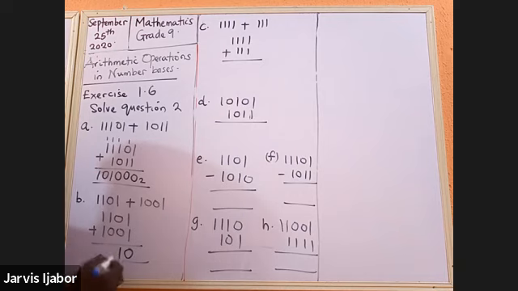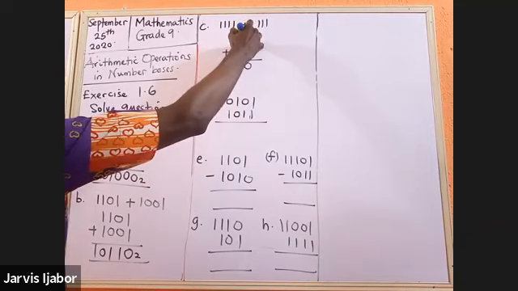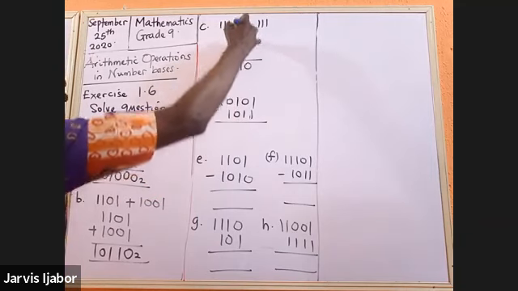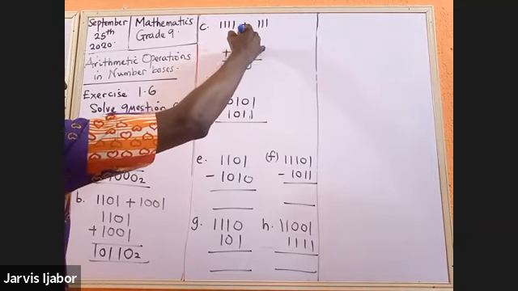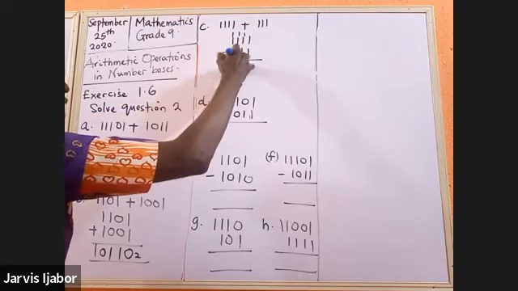So carry of 1, 1. So look at this. This will be 0, carry 1. 1, 0 plus 1 is 1, 1. Carry another 1. 1, 0 plus 1 is 1, 1. Carry another 1. 1 plus 1 is 1, 0.